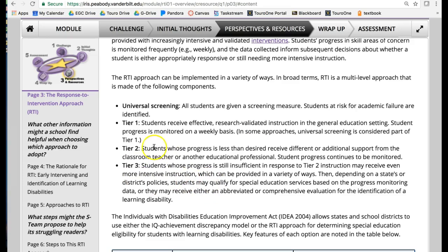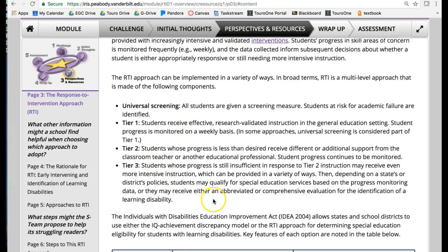And if for some reason, even after you try these different interventions, they still need some additional support, then you move them up into possibly Tier 3. This is only about 1 to 5% of the students in a school. And here is where you have now demonstrated, and you have the data to prove, that the Tier 1 and Tier 2 interventions were not helping.